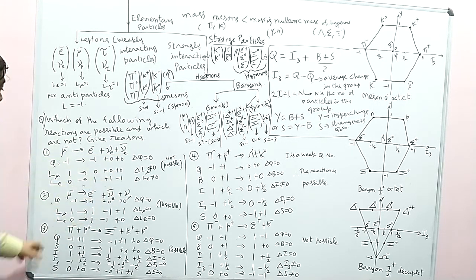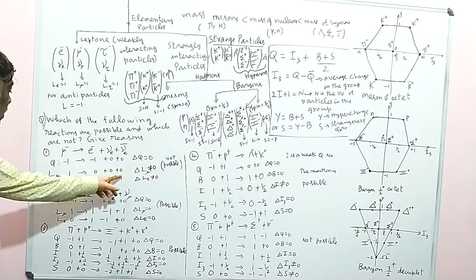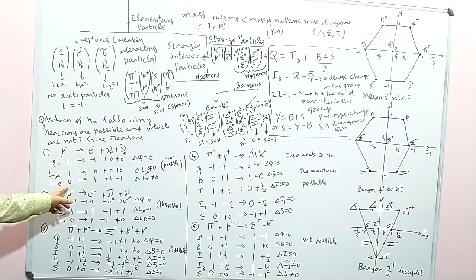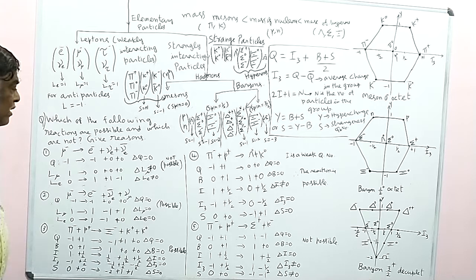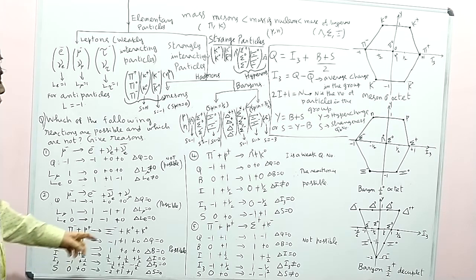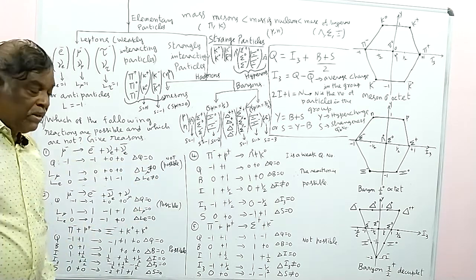Adding on the right side and left side, the right side is plus 1 and the left side is 0. So the change in lepton number associated with the electron is not 0. Therefore, the conservation of lepton number is not satisfied, and this reaction is not possible.